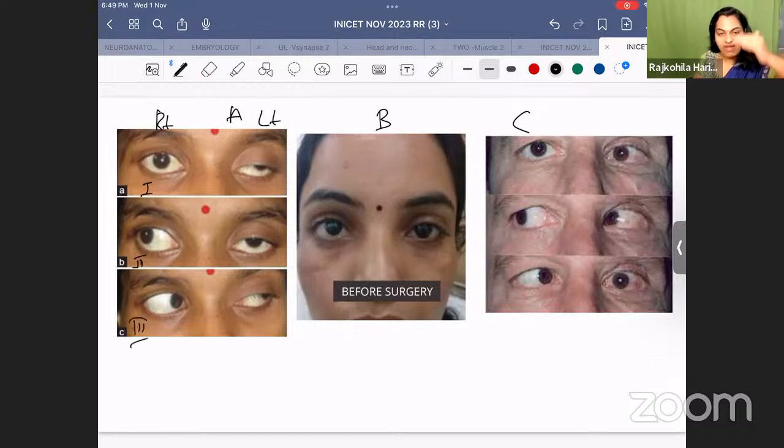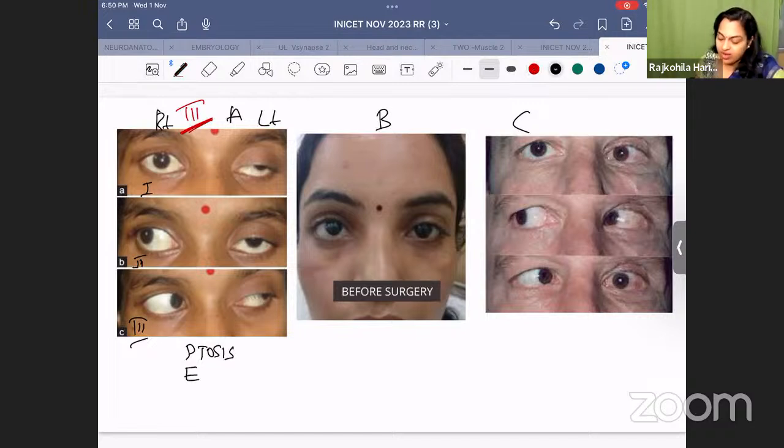In all of 1, 2, and 3, you can see there's drooping of the upper eyelid, what we call ptosis. The muscle responsible for elevating the upper eyelid is levator palpebrae superioris, and that is innervated by the oculomotor nerve. So ptosis is a feature of oculomotor nerve injury, right?